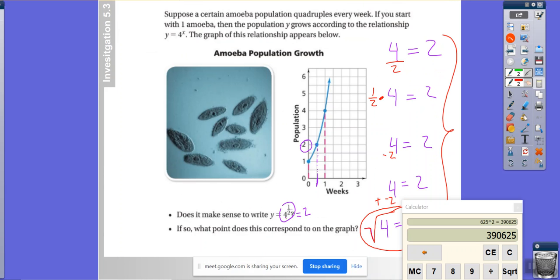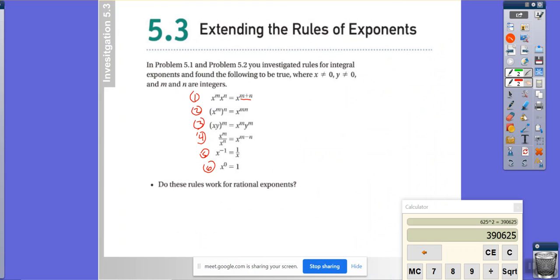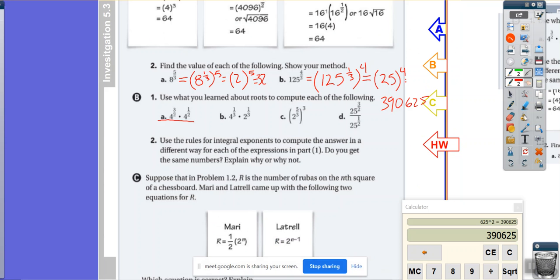Which rule has the same base but different exponents? Well, rule 2 has an exponent outside of the parentheses. Do we have an exponent on the outside of the parentheses in question B1a?